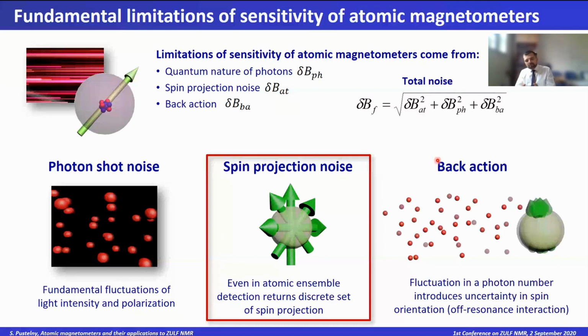So if you measure the number of particles in one time slot and in the other time slot, you will find that there is a small difference between them. And this is not a difference related to your laser not being good enough, or to you not controlling some elements in the system. It's a fundamental fluctuation related to the quantum nature of photons. So you cannot really estimate the intensity of your light exactly, because it fluctuates a little bit in your system.